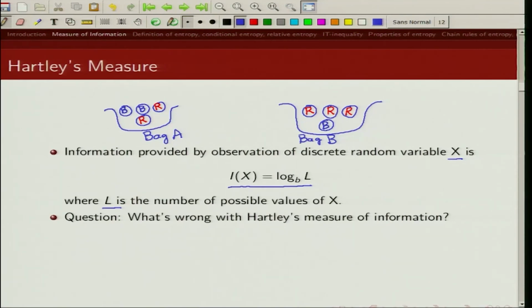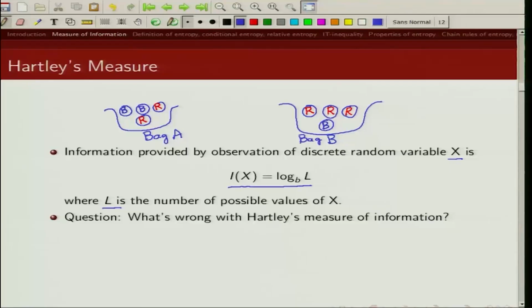Now according to Hartley's measure of information, in bag A there are 2 possible outcomes. So what I am doing is, I have a bag of these balls and I am picking up a ball and I am showing you the color of the ball, right? So according to Hartley, in bag A there are 2 possibilities. You can either get blue ball or you can get red ball.